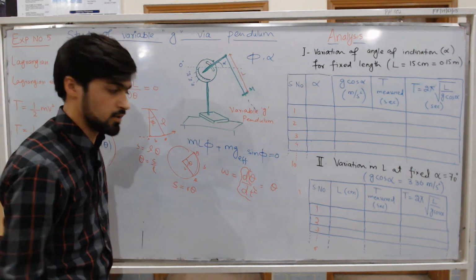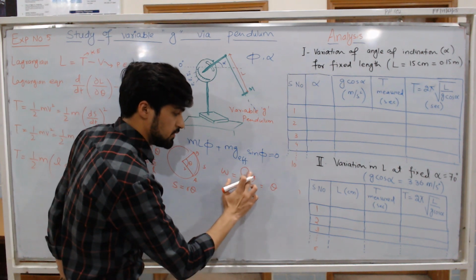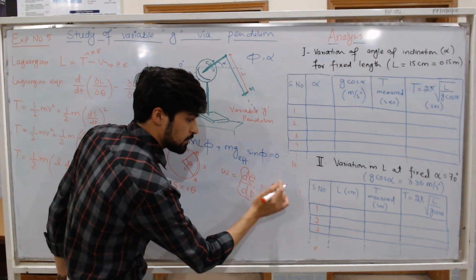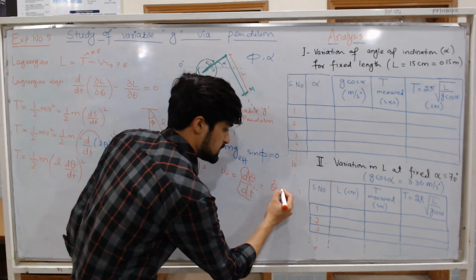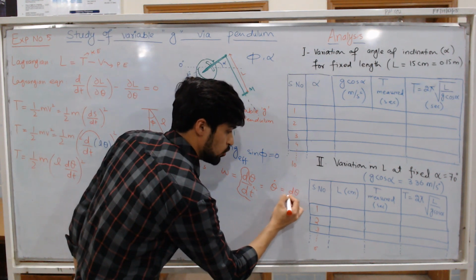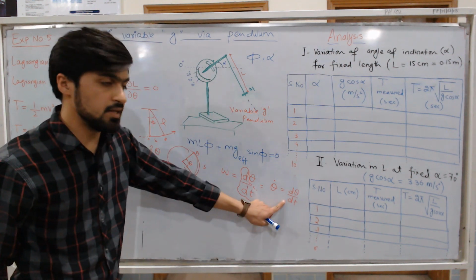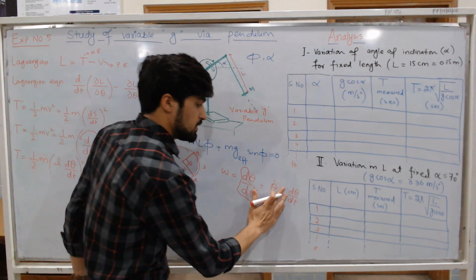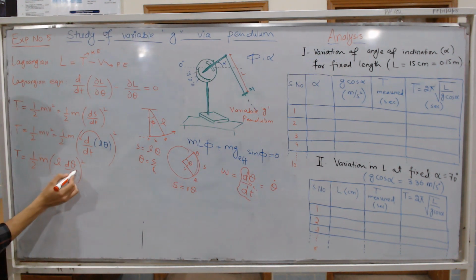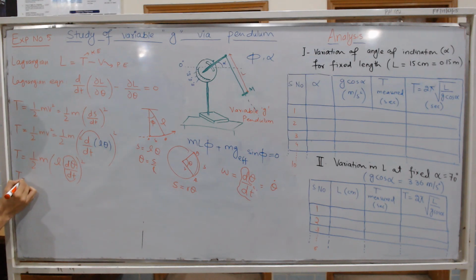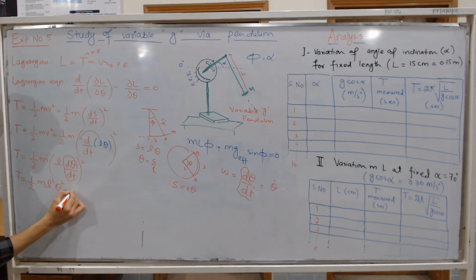So instead of writing d theta by dt, I can write theta dot. So the kinetic energy is half m L squared theta dot squared. This is our kinetic energy, and I will call it equation A.